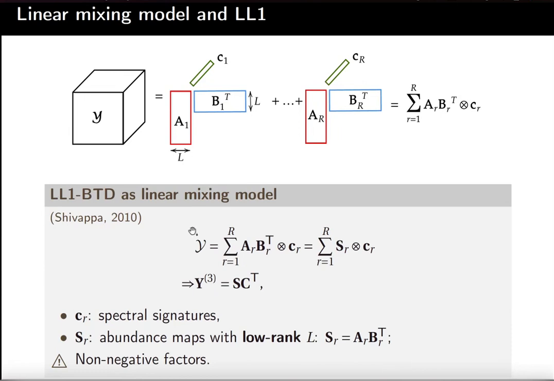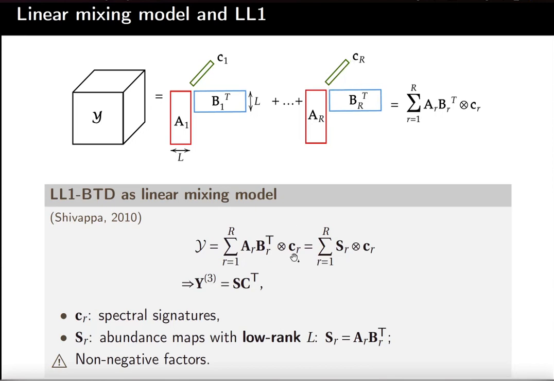Let me explain how. So first, we can consider that the A_r B_r transpose terms can be seen as matrices S_r, and due to the definition of A and B, they admit low rank L. So they can be seen as abundance maps.